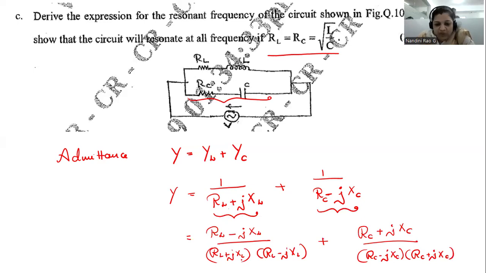You see, this is in the format A plus jB into A minus jB. We usually have A plus B into A minus B equal to A square minus B square, correct? So here B will be j into XL. j square is minus 1, minus into minus gives plus. So I will directly write it in the next slide.